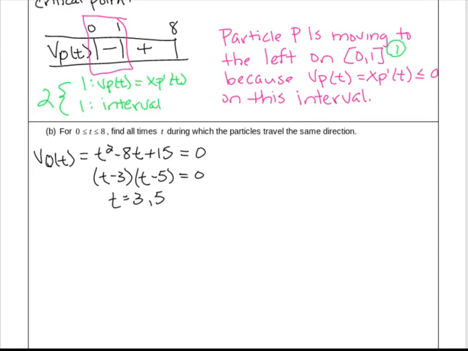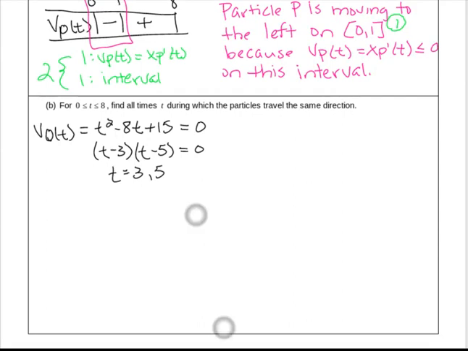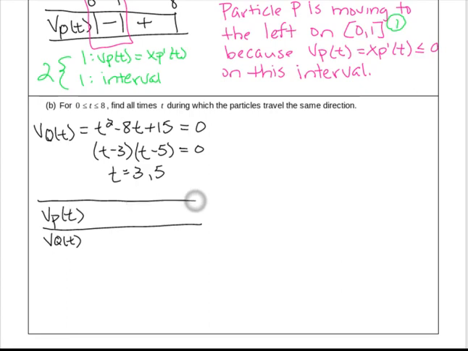So what we're going to do is we're going to make a double sign chart now because we've got the velocity for P and we've got the velocity for Q. So VP of t, and then we're going to do VQ of t. And we know both of them are starting at 0. We know P has a critical point at 1.